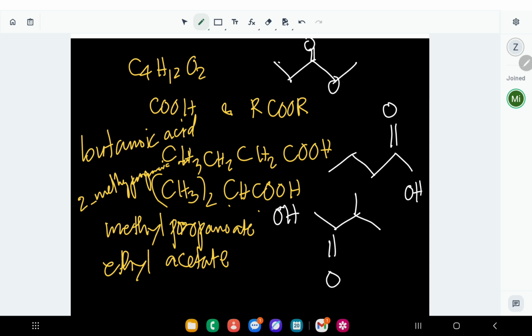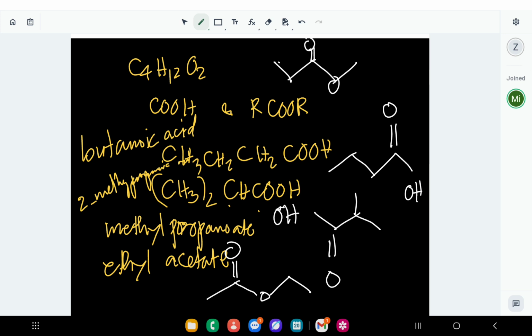And then the other one is ethyl acetate. We don't have that there. So ethyl acetate will look like this. So it's not there. So I think the first two choices only.